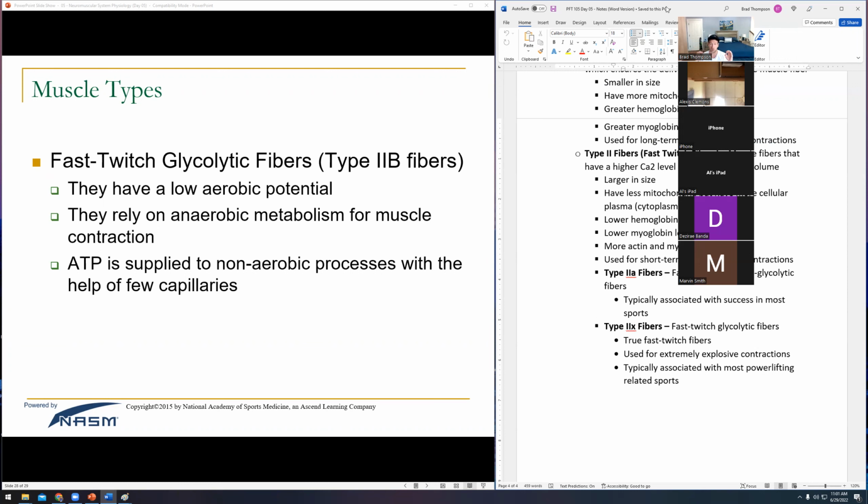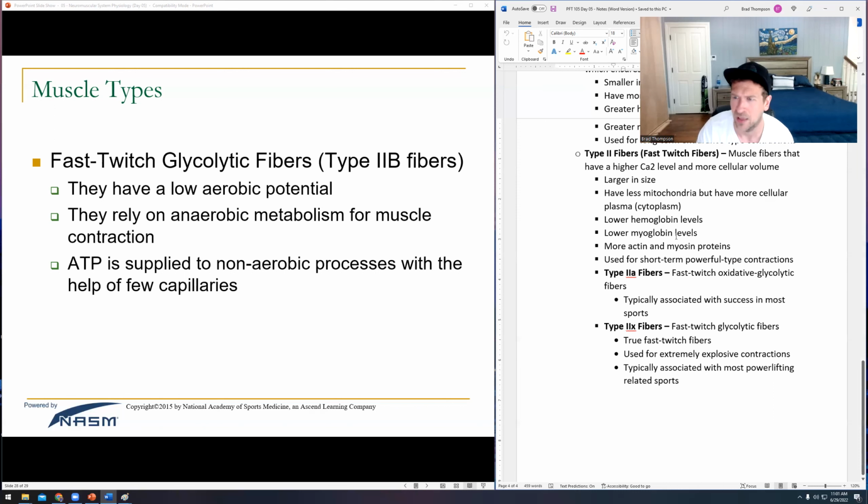They are true fast twitch athletes, type 2X. So when we have an athlete, we probably want a pretty good blend of those things. And that's where you're going to train different ones, right?